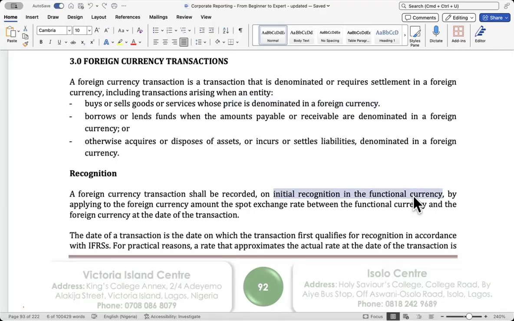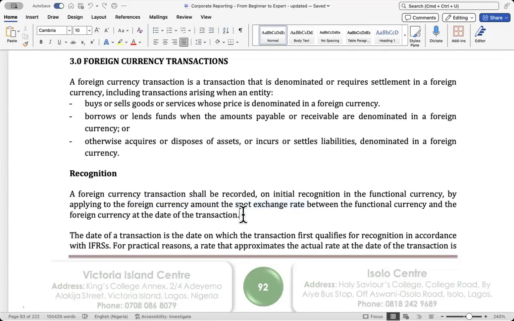So, the standard is re-emphasizing it again, that a foreign currency transaction shall be recorded on initial recognition in the functional currency by applying to the foreign currency amount the spot exchange rate between the functional currency and the foreign currency at the date of the transaction.